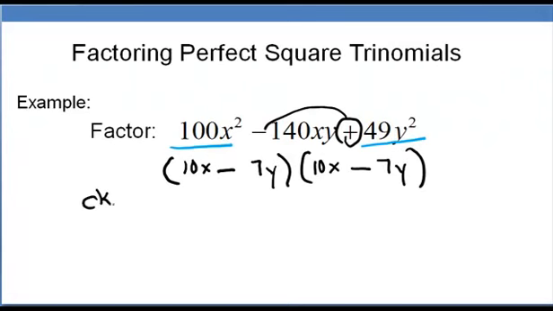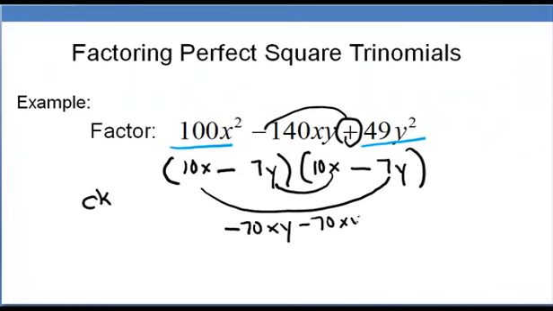And then we check outside and inside to make sure we get the correct middle term. So minus 70xy on the outside, minus 70xy on the inside gives a minus 140xy. This was a perfect square trinomial.